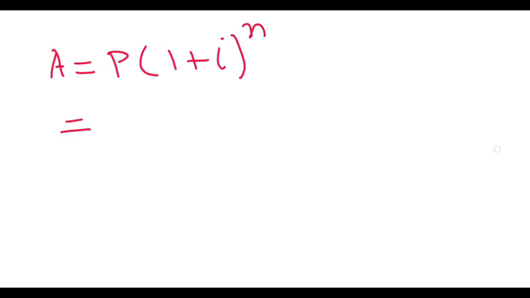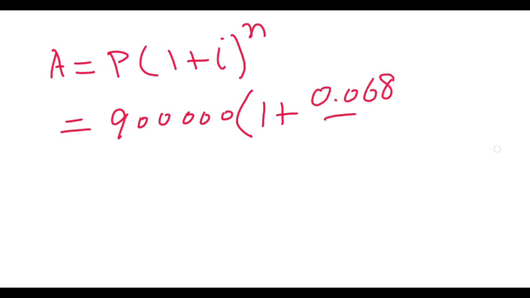So the initial amount will be 900,000, 1 plus i. The interest rate is 6.8%, which means 0.068 over 12, monthly, and n is 3 for the payments he missed.